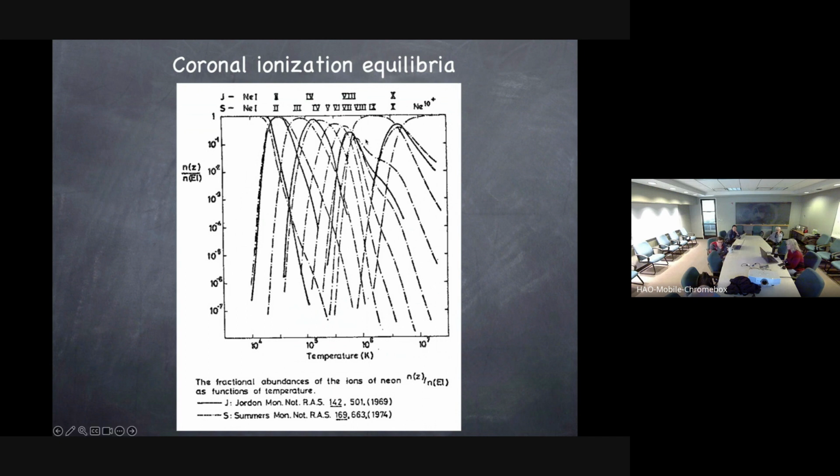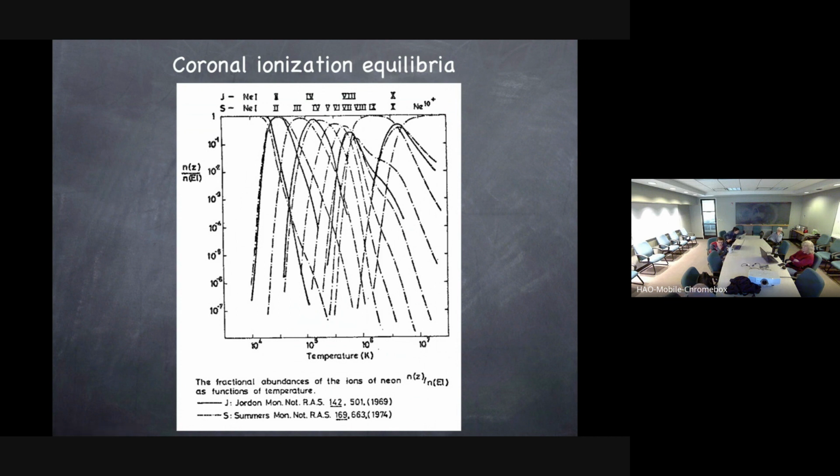But look at these things out here. This is dielectronic recombination, this tail. And I can tell that because it's up against something here, which turns out to be neon 9, which is neon with 8 electrons removed. That's a helium-like neon.